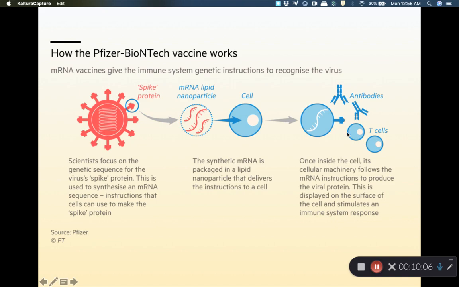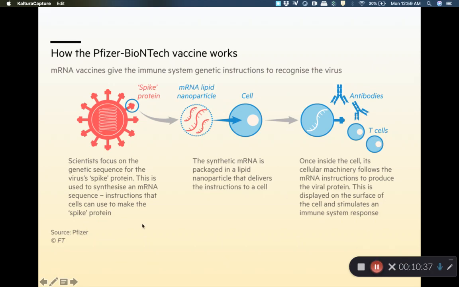So if we become infected with the real virus, in theory, if you've been inoculated with this vaccine, your body will already have these important antibodies and T cells saying, oh, I recognize this protein from this original mRNA sequence, and I'll be able to defend against it and not make my body so sick.